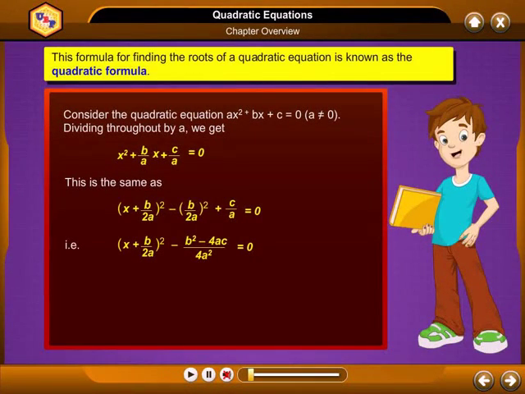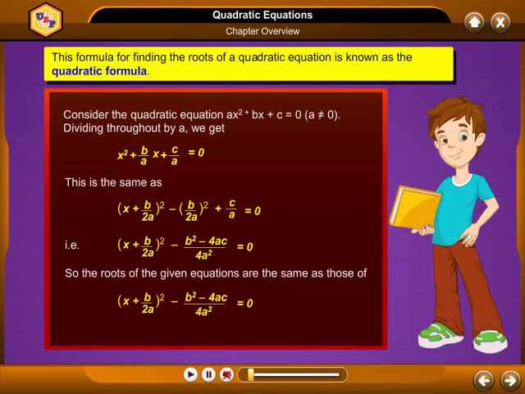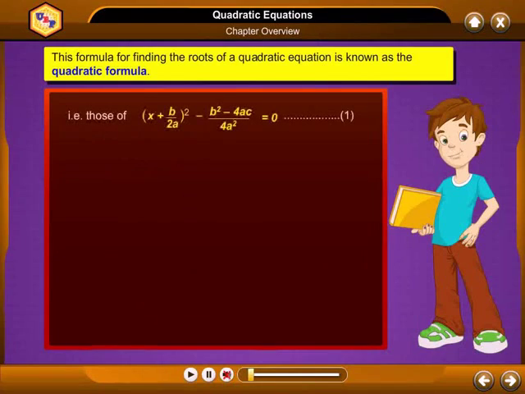That is, (x + b/2a)² − (b² − 4ac)/4a² = 0. So the roots of the given equation are the same as those of (x + b/2a)² − (b² − 4ac)/4a² = 0, that is, those of (x + b/2a)² = (b² − 4ac)/4a².